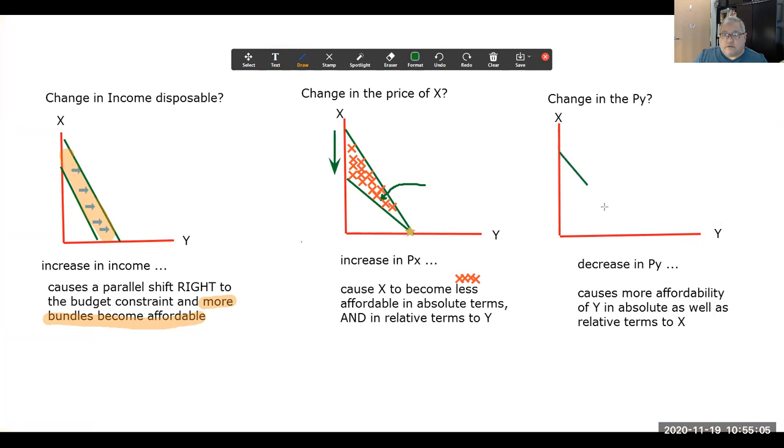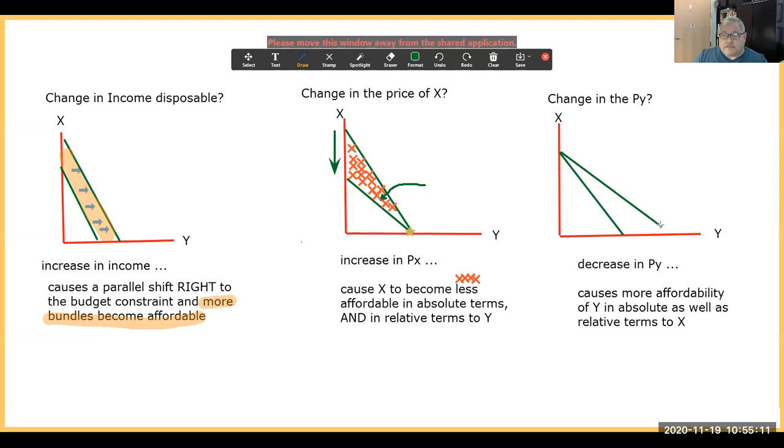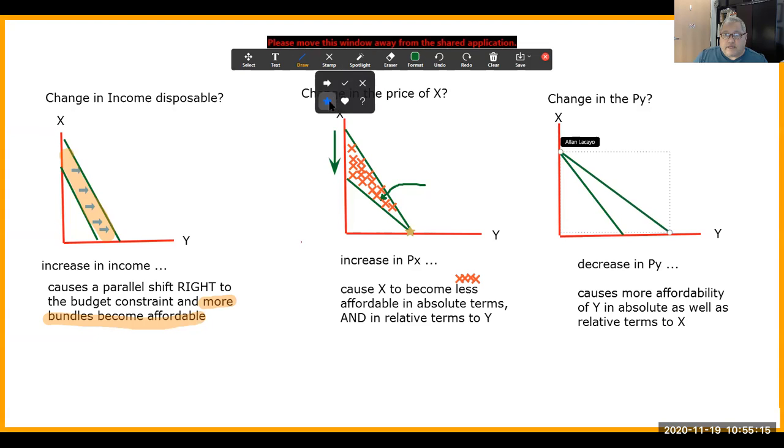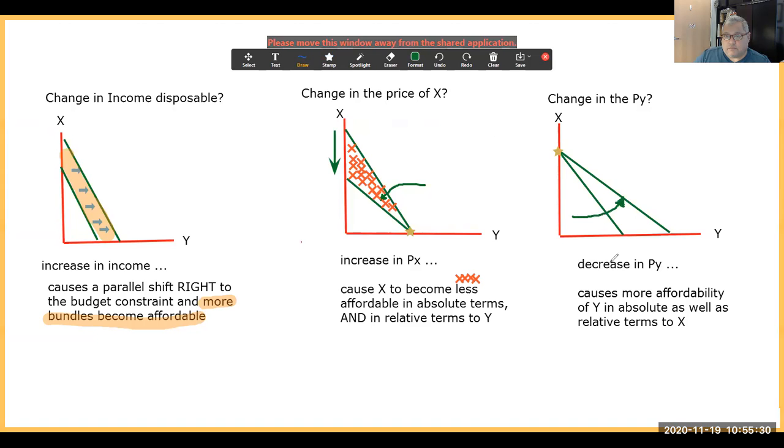Such that the hinging is an outward swivel where now the hinge is on the x-axis and not on the y-axis. And what we see is a swiveling outward like that.